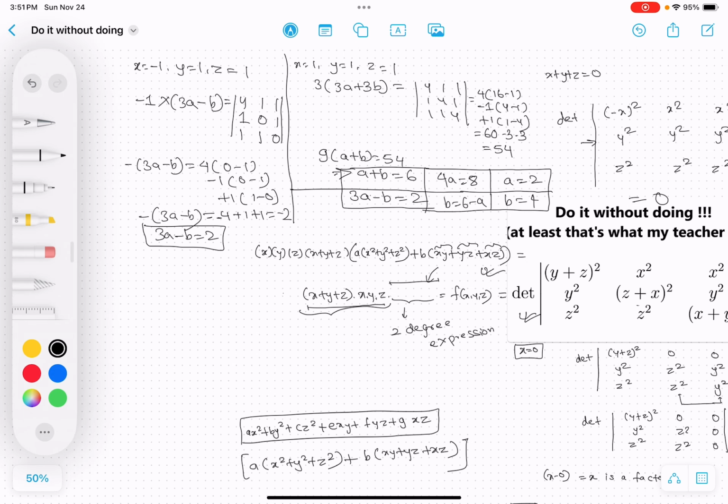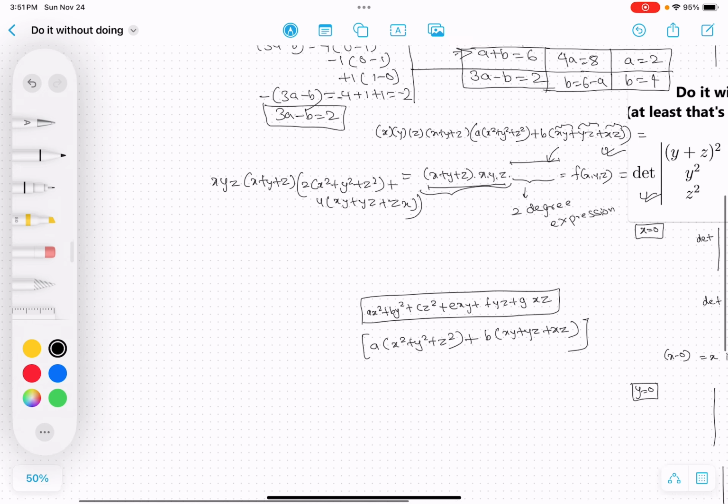Now the determinant will just be x, y, z, x plus y plus z. And now this is 2 times x square plus y square plus z square plus 4 times xy plus yz plus zx, right?